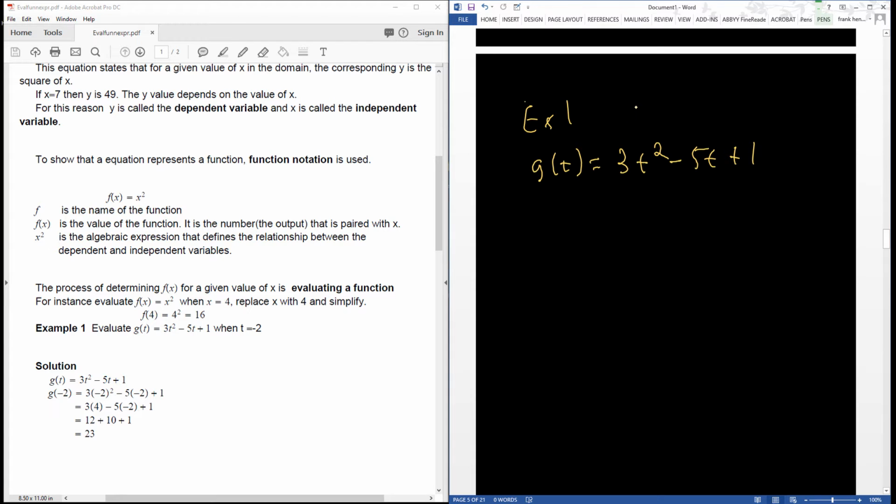And we're letting t equal -2. So when I rewrite this, every place I see a t, I'm going to replace with a -2. So I want to find the value of the function g when t is -2.